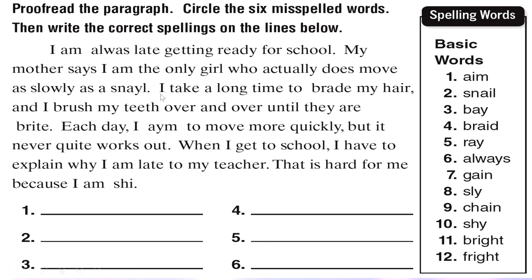Circle the mistake, please. I take a long time to braid my hair, and I brush my teeth over and over until they are bright. Here there are 2 mistakes. Please circle them.